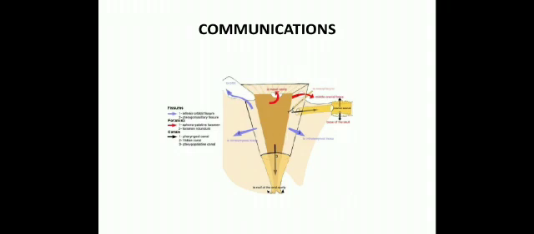The communications of the pterygopalatine fossa: it communicates through the inferior orbital fissure with the orbit, and through the pterygomaxillary fissure with the infratemporal fossa. Through the sphenopalatine foramen, it communicates with the nasal cavity, and through the foramen rotundum, it communicates with the middle cranial fossa.